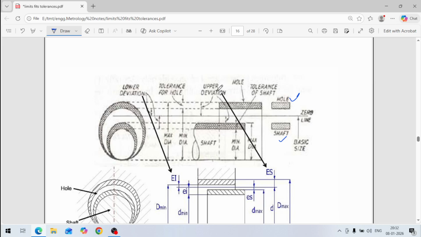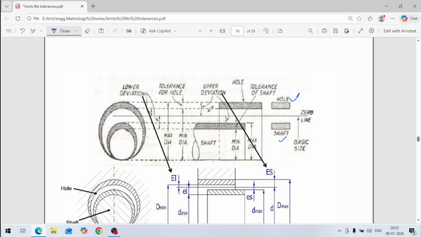What is upper deviation? Upper deviation is that deviation which defines tolerance zone, which deviation is near to the tolerance zone. So it defines tolerance zone start from here. So this deviation is upper deviation. And lower deviation is the minimum size of the shaft. This is lower deviation here from the zero. Similarly, in case of hole, upper deviation is the maximum size of the hole.